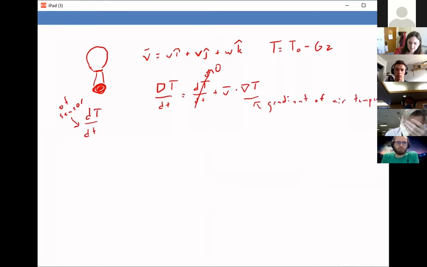So T here represents the temperature distribution through the air, right? So it's just the fact that as you go higher, it's colder? Just in this case, yes, because in this case, T only depends on Z. It doesn't depend on X and Y in this case we're looking at.